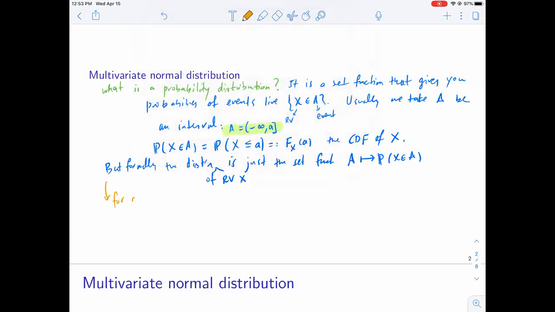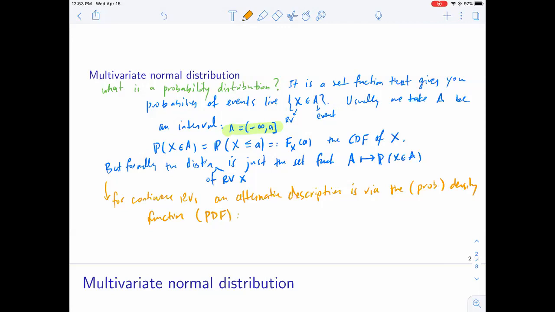An alternative characterization is in terms of densities for continuous variables. So for continuous RVs, an alternative description is via the probability density function, also written as PDF.